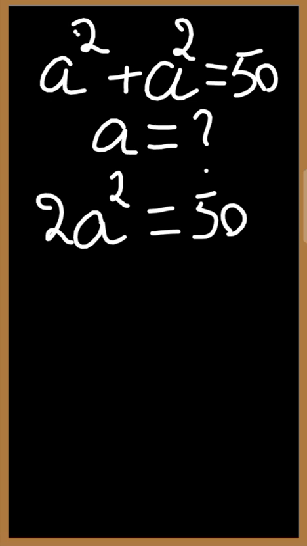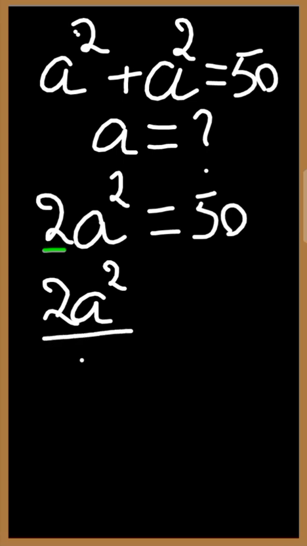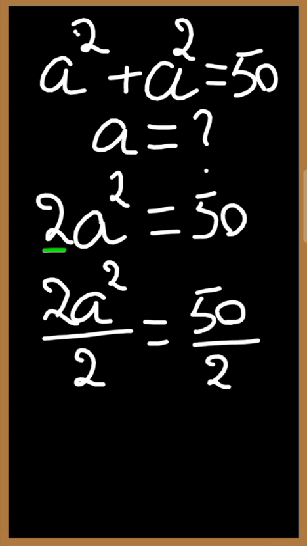Next step, we have to divide both sides by the coefficient of a squared, which is 2. That means we have to divide the left hand side and the right hand side by 2. This will give us 2a squared, we divide by 2, we equate this to 50 divided by 2.